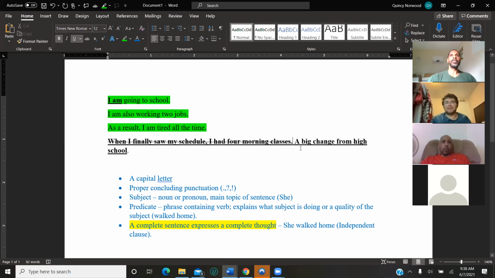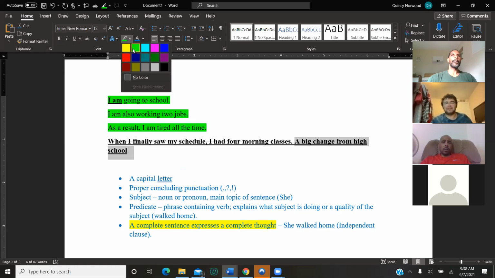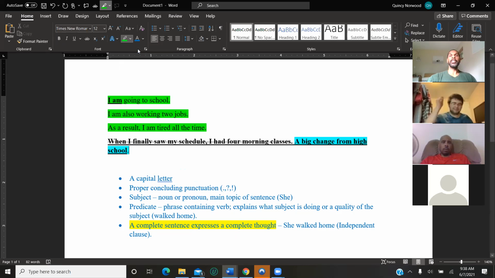Yeah, if you take the second one and say that to yourself, it doesn't sound totally right. Missing a little something. And I'm glad you said that too, Andrew, because that's a great way to revise. Say it to yourself or read it to yourself. And then you said, it can't stand by itself and make sense. So if we got rid of this, a big change from high school, right?